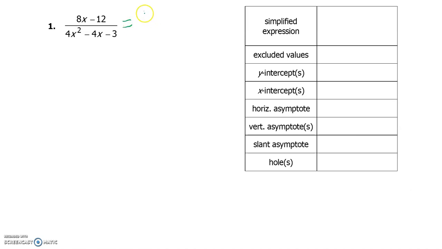So looking at this one, I can factor a 4 out, and then that is going to be a 2x minus 3. And then factoring that denominator, I know it's going to be a 3 and a 1. That's going to have to be a 2x and a 2x with a minus and a plus there.